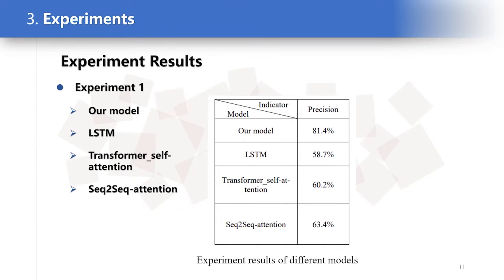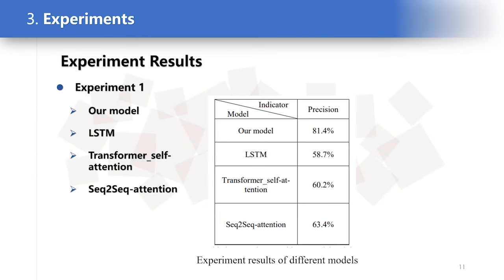For the division of the dataset, we set 70% of the construction document corpus dataset as a training sample set, and the remaining 30% as a test sample set. First, we experimentally compare our model with commonly used deep learning text error correction models, such as LSTM, transformer self-attention, and circle-to-circle attention.